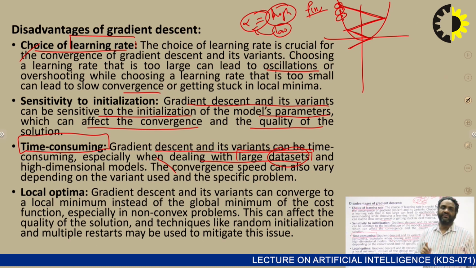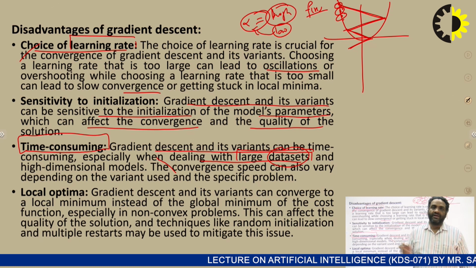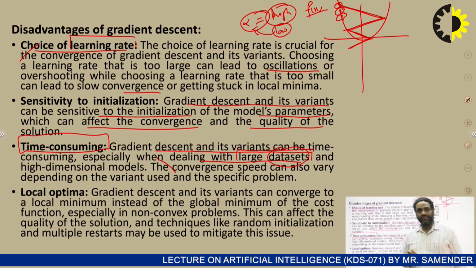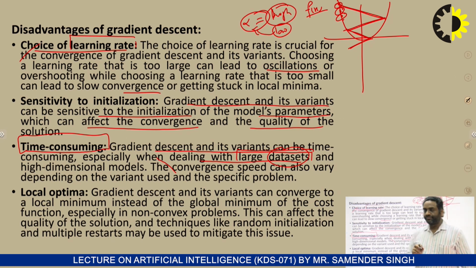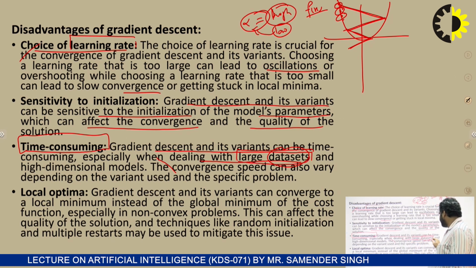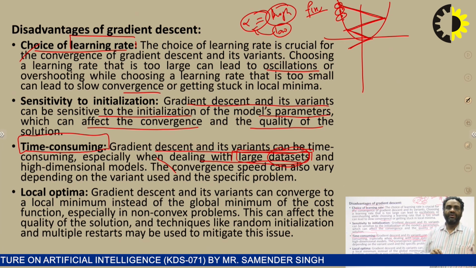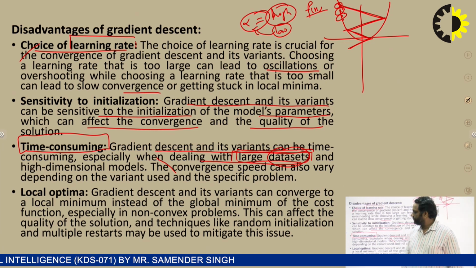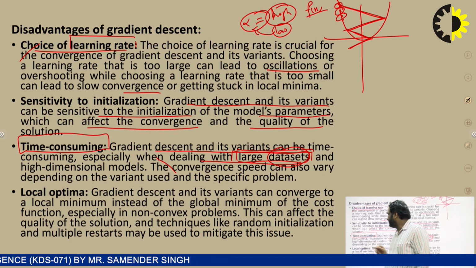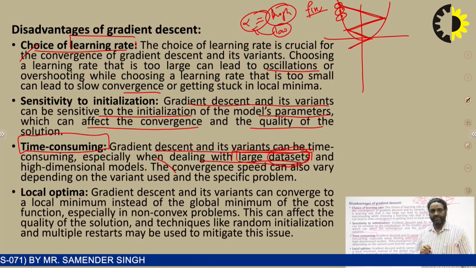But nowadays we have very large datasets on which we are going to implement this. This is not efficient, or we can say it is very time consuming. So this is also a disadvantage of gradient descent.